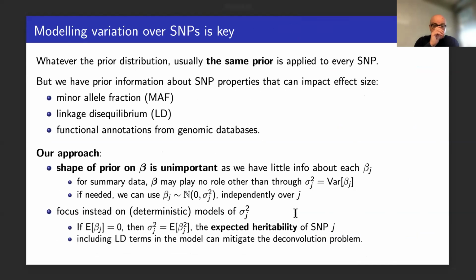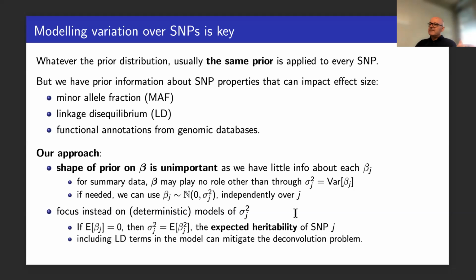Our view is that that's the wrong thing. The shape of the prior on these effects is unimportant, because we haven't got enough information to say anything useful about it anyway, because of the too-many-predictors problem. The one thing that does matter, we say, is what most other people working in this setup have ignored, and that is that they apply the same prior to every SNP.